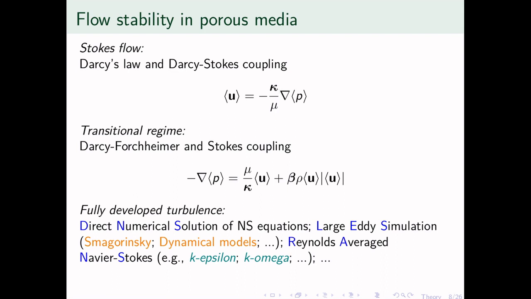Either a tensor permeability if you have an anisotropic and heterogeneous system, or a scalar permeability if you have an isotropic and homogeneous system. When the non-Darcy effects begin to be important, you start to have nonlinear effects here, and Forchheimer made a correction to Darcy's law, including a nonlinear term here, which is a quadratic correction in terms of the velocity fields.